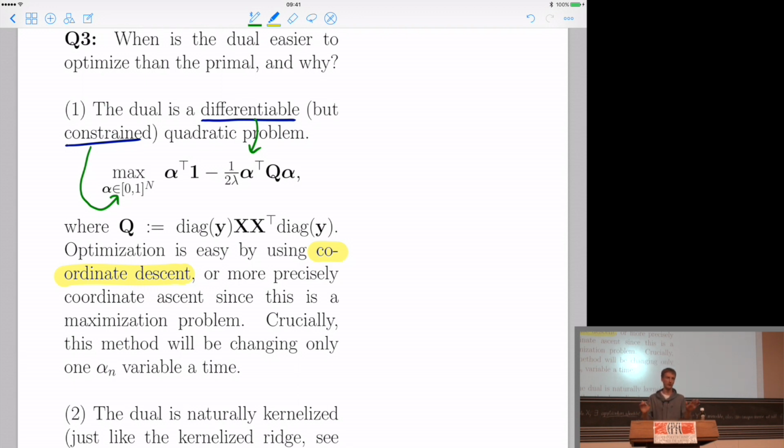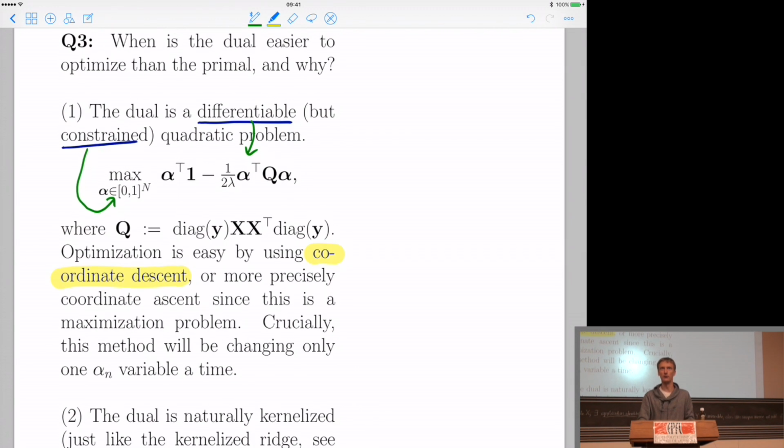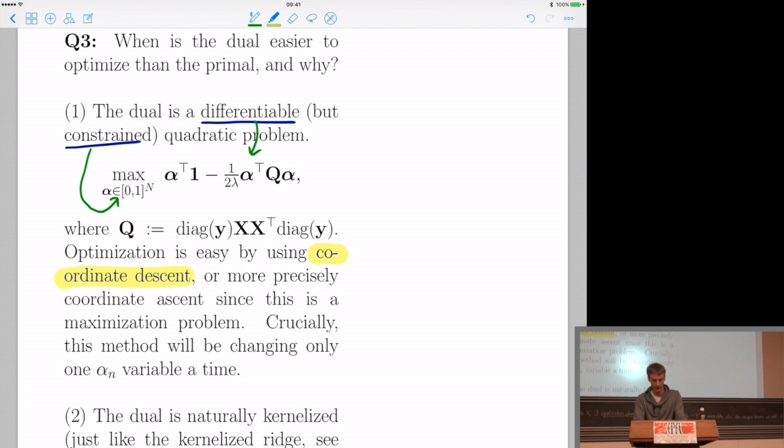The others you ignore for a moment, but one of the coordinates of alpha, you optimize. And then you pick the next or another one. So that's coordinate descent, and we're going to define it more precisely in the last few minutes. And you can implement it in the lab this week for this example.